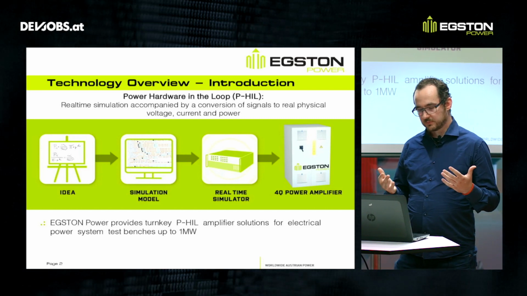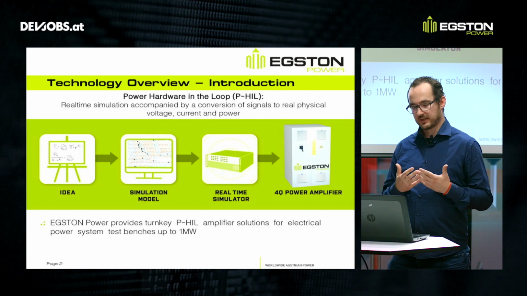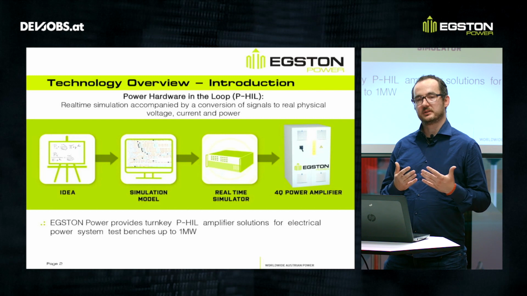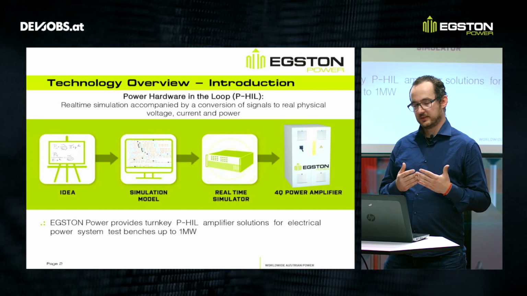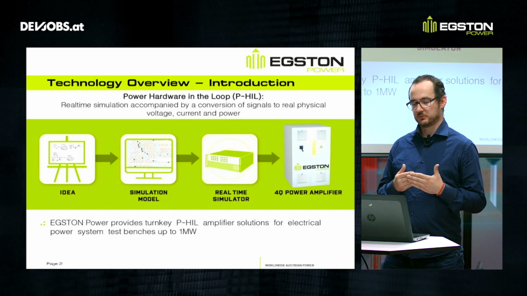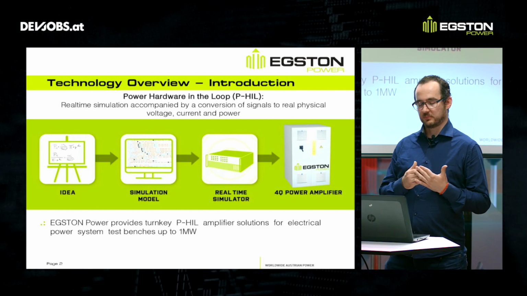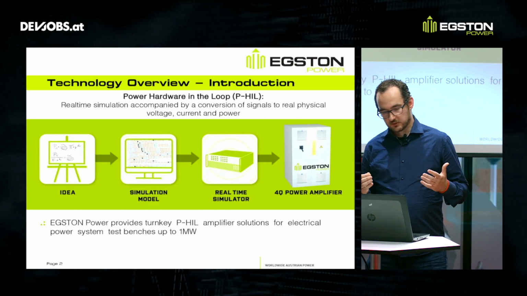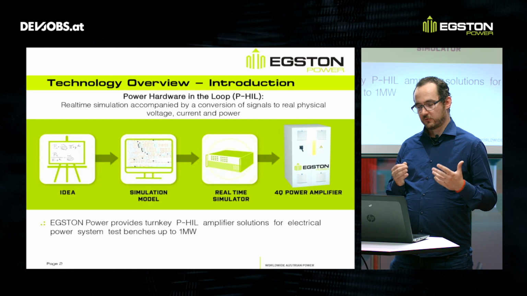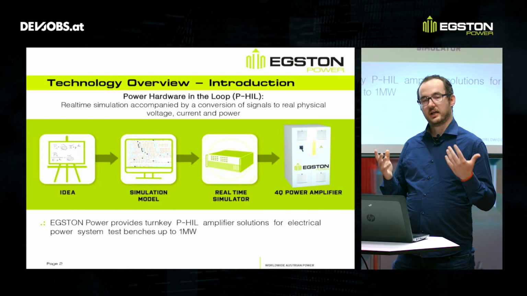Power hardware in the loop extends this concept of simulation by bridging the gap and merging the simulation environment together with high bandwidth power amplifiers, which are actually the core competence of EGSTON Power, in order to get a fully fledged and efficient framework for testing devices even before they are actually produced.